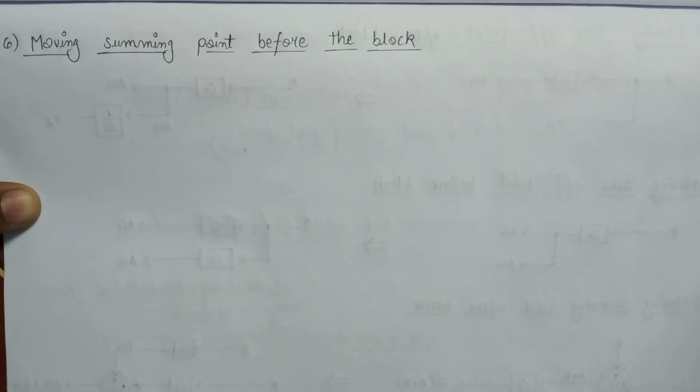Now have a look at rule number 6. According to rule number 6, we will discuss what will happen if we move the summing point before the block.